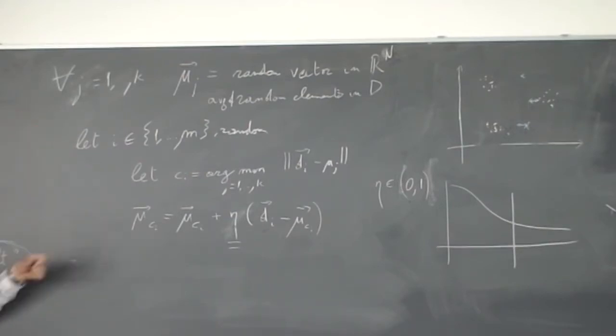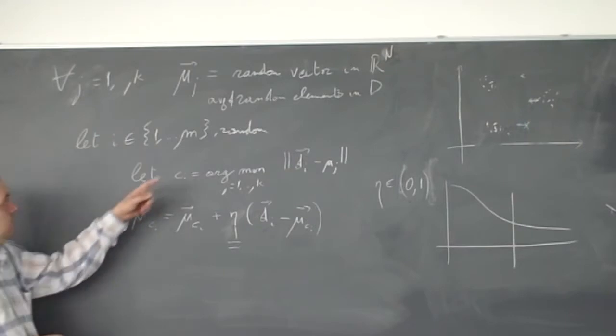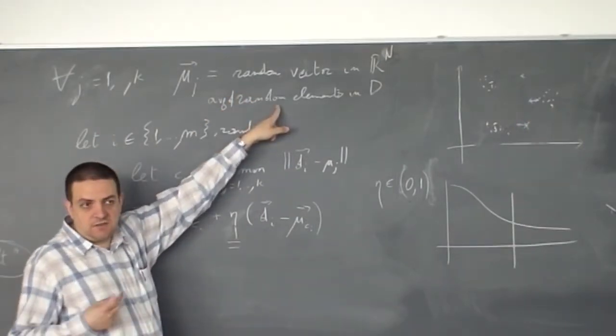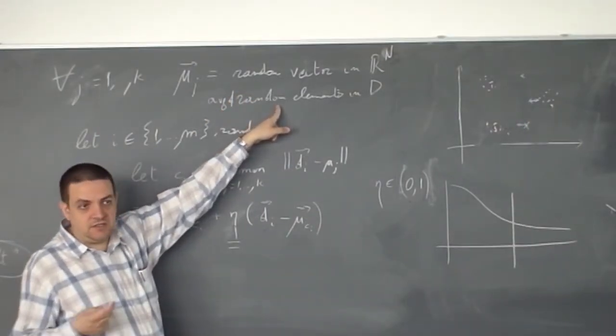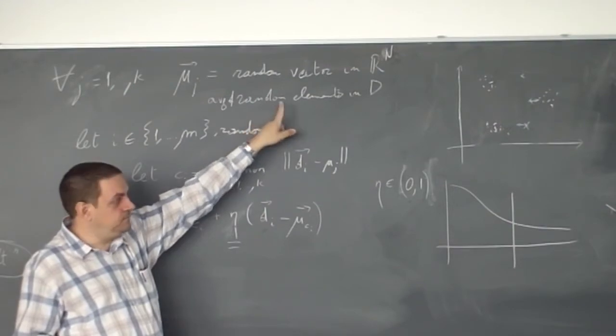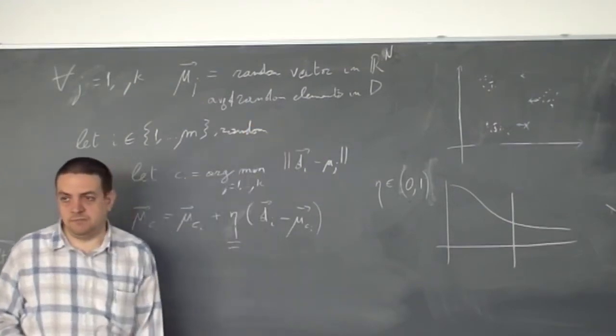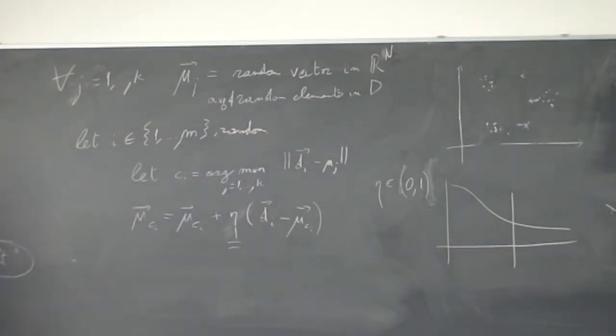In this case, we can have many different variants of the algorithm. For example, we can have many variants when deciding the initial representative position.